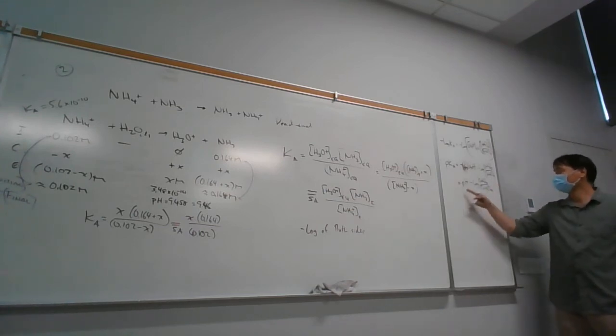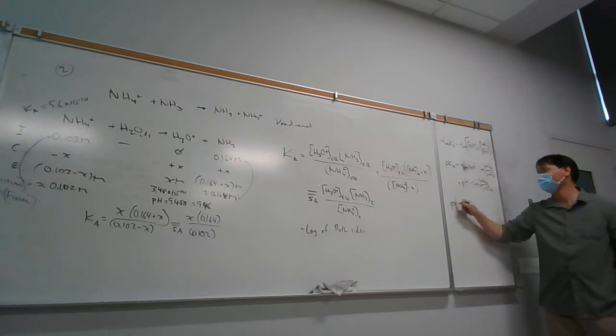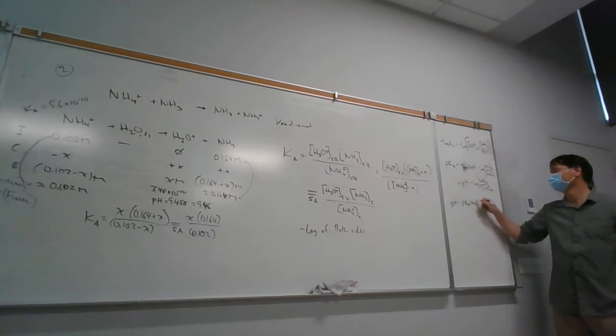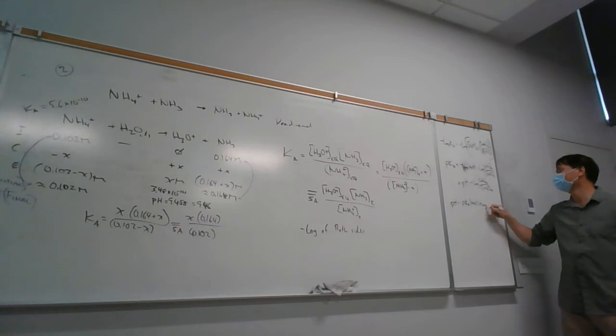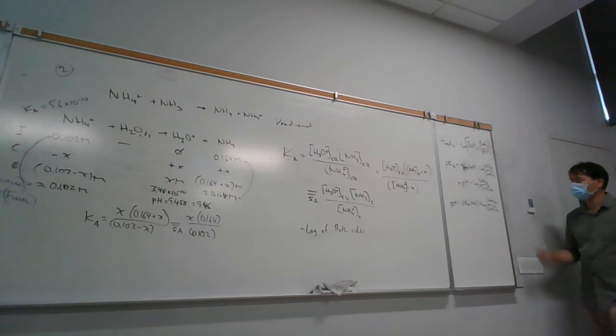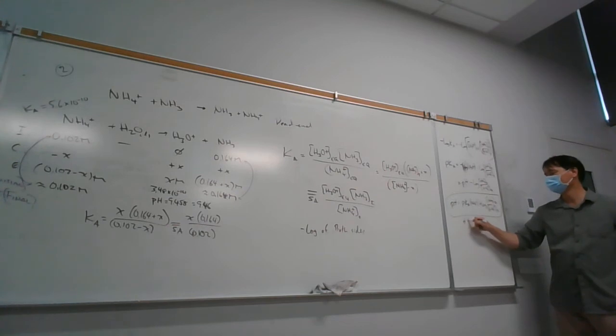So I'm going to add the log of ammonia over ammonium to both sides, and I get that the pH is equal to the pKa of ammonium, in this case, plus the log of ammonia initial over ammonium initial. This is called the Henderson-Hasselbalch equation, the HH equation.